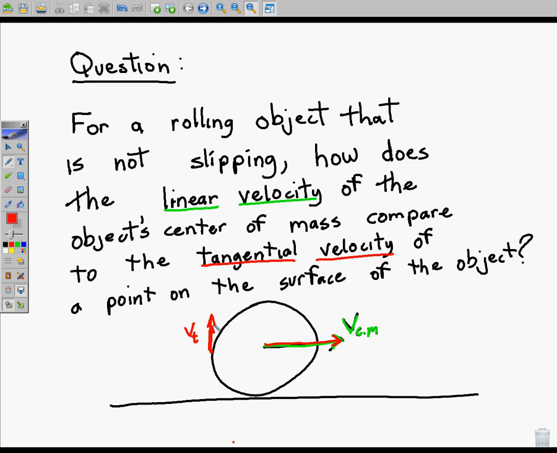And what I'm ultimately going to try to show you is that those two velocities are actually equal to each other as long as there's no slipping between the wheel and the road.